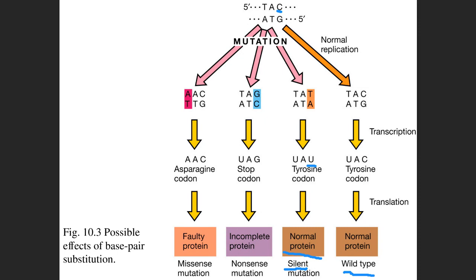However, if this TAC gets changed into TAG and transcribed into UAG, and last time when we looked at the codon table, you remember you have to memorize the start codon and the stop codon, right? And so it's a stop codon. What does it mean, stop codon? Well, you translate it halfway to the middle of the gene, and you run into a stop codon, right?